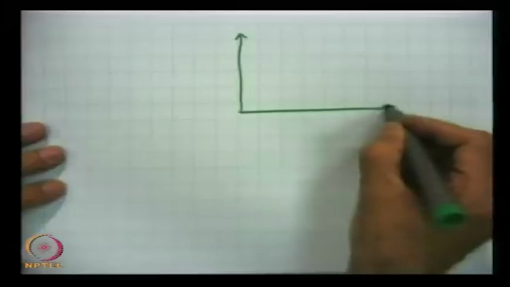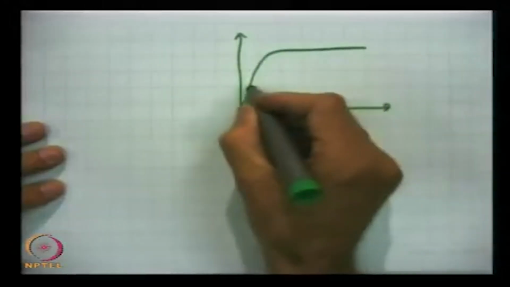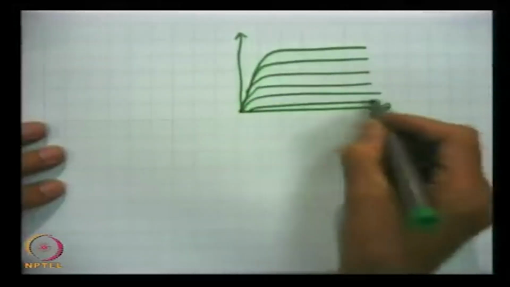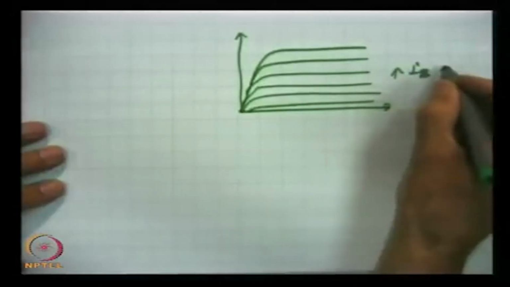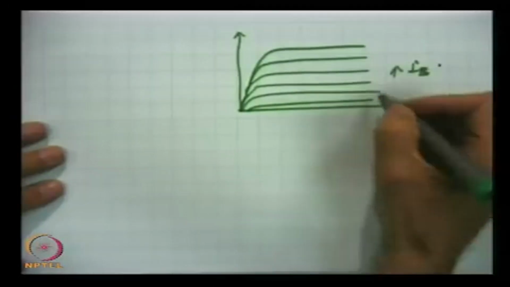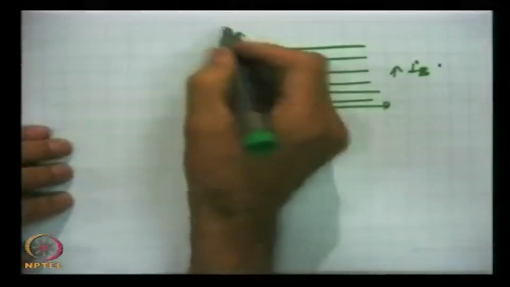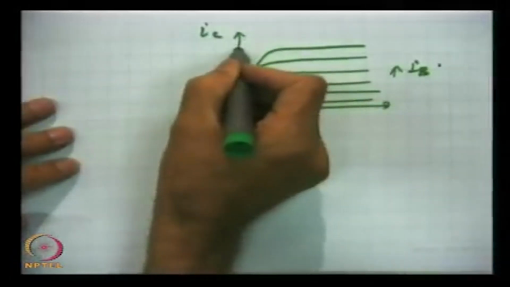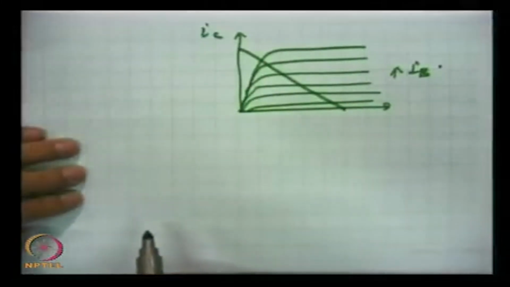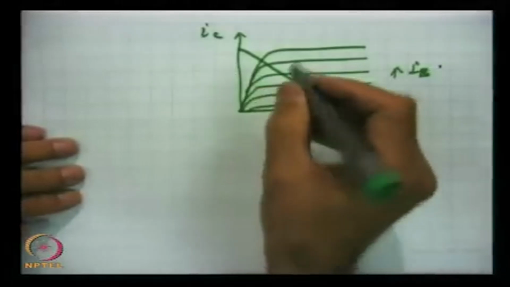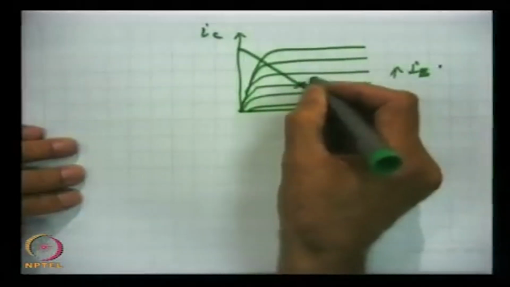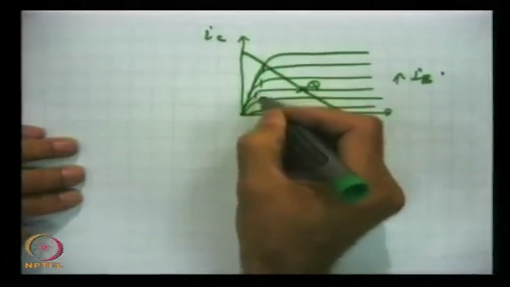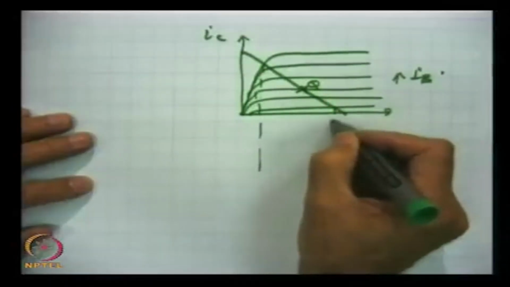These are the output characteristics. This is IB, that varies this way, and this is IC, and we draw the AC load line where we choose the operating point Q, and now see, using almost the whole range of the active region.